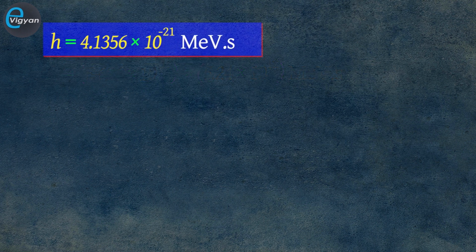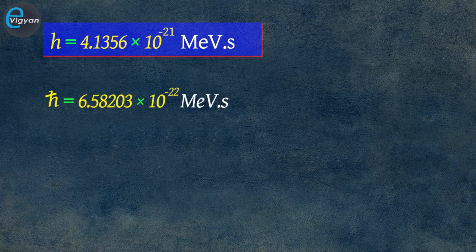Just like Planck constant, you can also calculate the value of reduced Planck constant, which is h cross equals h upon 2 pi, which comes out to be 6.58203 times 10 raised to power minus 22 MeV second.